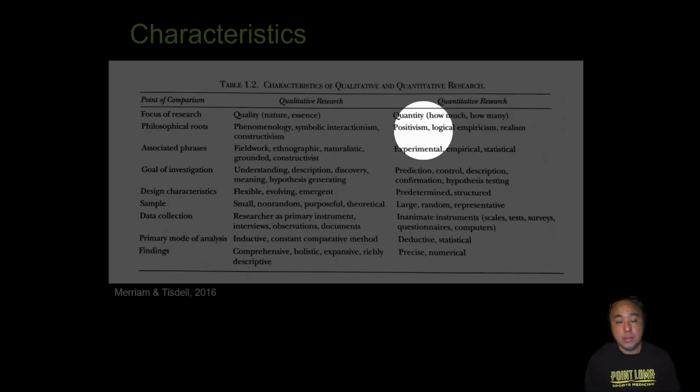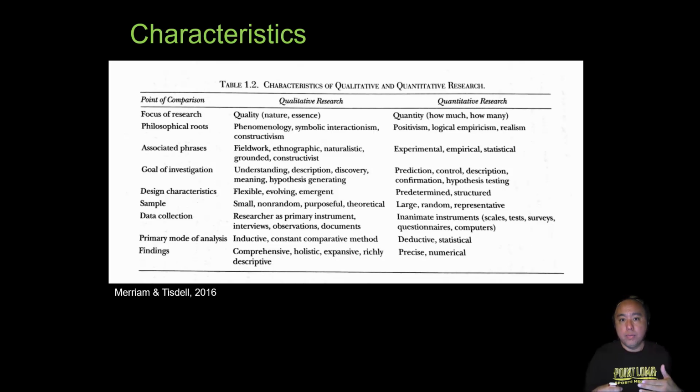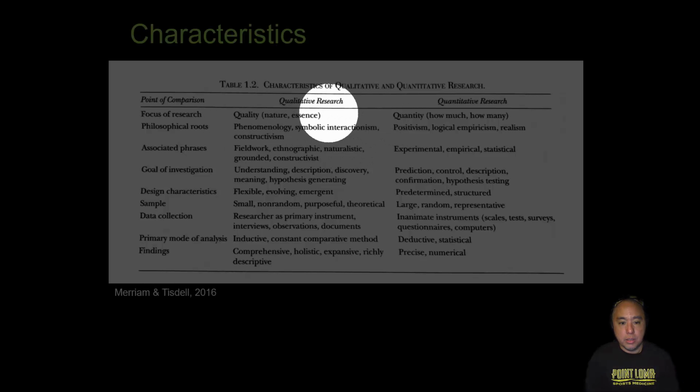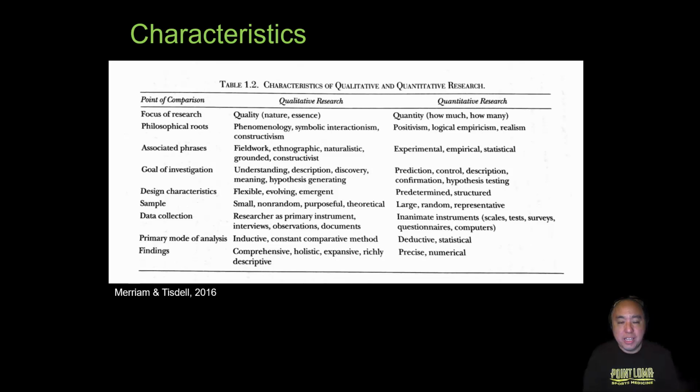Quantitative is based on the philosophy of positivism, of using empirical data to test hypotheses that are logically deduced from theories, and you remember this is all about deductive logic, whereas qualitative research, I'm going to talk about this in a sec, is all about constructivism. It's all about constructing theories and patterns based on your observations and the qualitative data that is collected from your research participants. So that is induction, right?